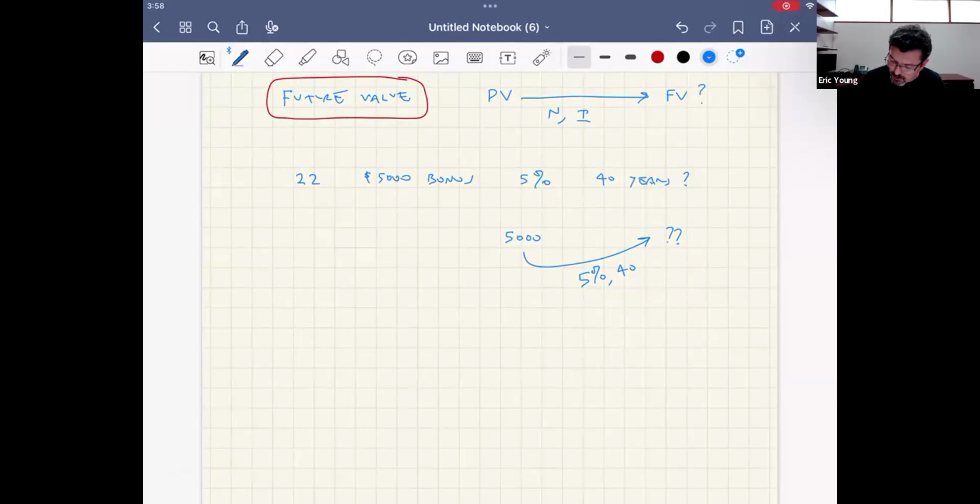So here's the shortcut formula. Future value equals present value multiplied by 1 plus the interest rate raised to the exponent of n.